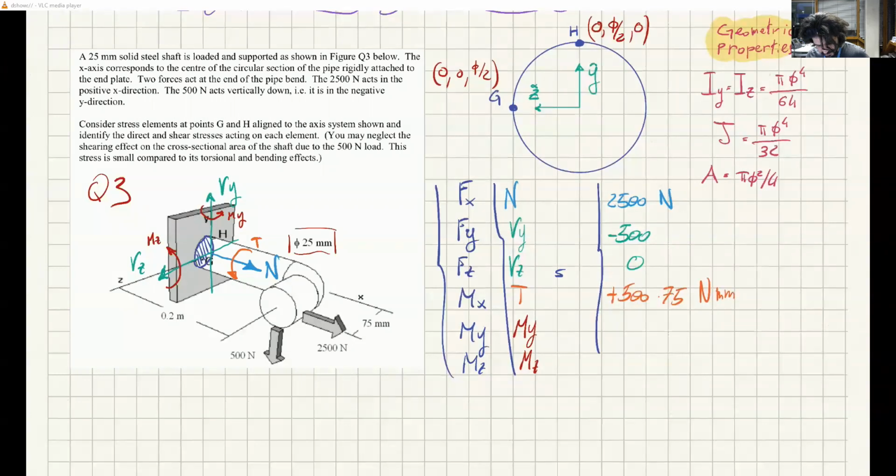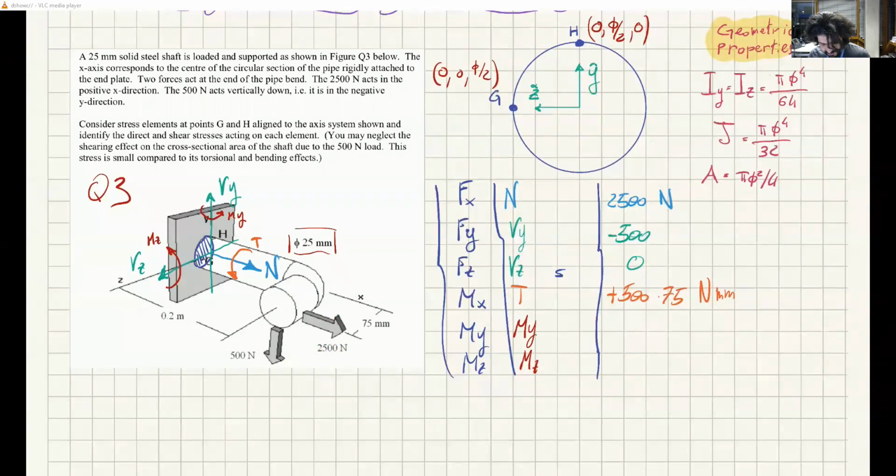And finally, for the last two moments, there is one force that makes it rotate left and right. So this is the positive bending moment. Using your right hand rule, again, you'll find that this is the positive bending moment around the y-axis. So bending left and right, this force is parallel to the y-axis, so it gives no moment around y, but this one is perpendicular to the y-axis, and it's applied at a distance of 75 millimeters.